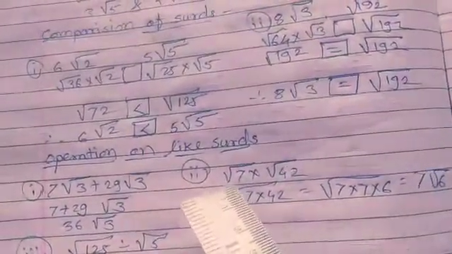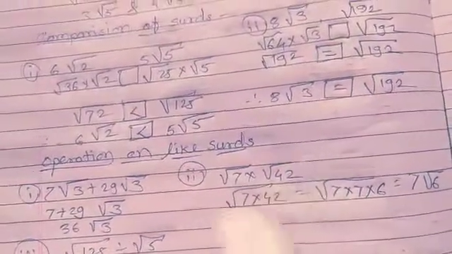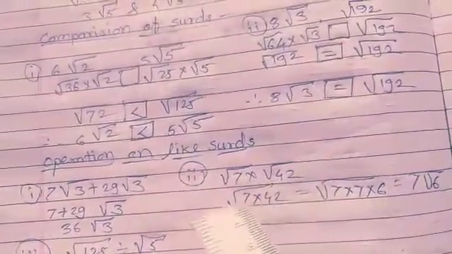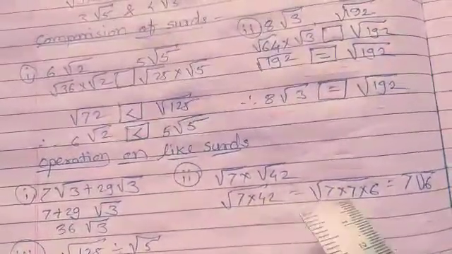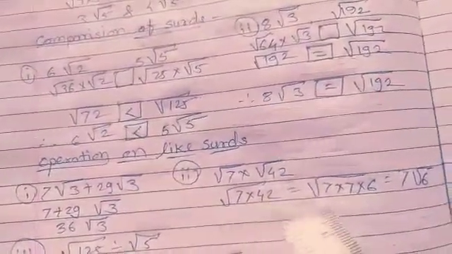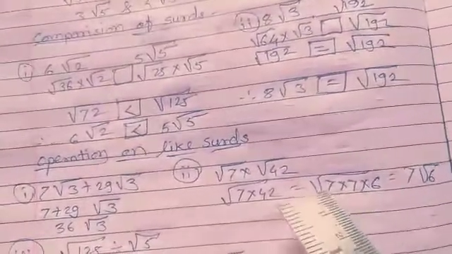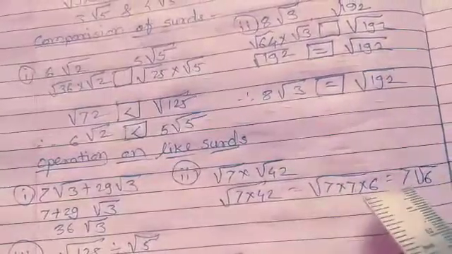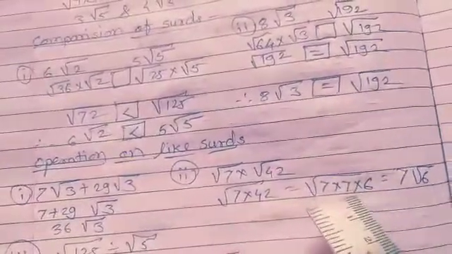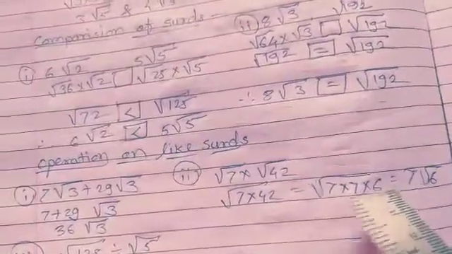Here root 7 and root 42. 7 into 42. Here 42 is equal to 7 times 6. So the square root of 7 times 7 is 49, and the square root of 49 is 7. Root 6, so 7 root 6 is the answer.